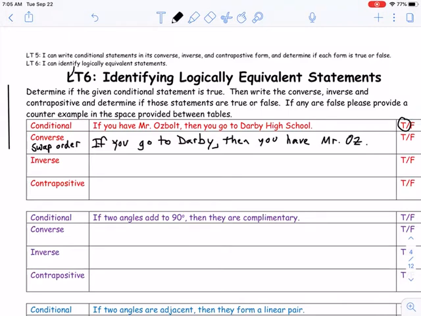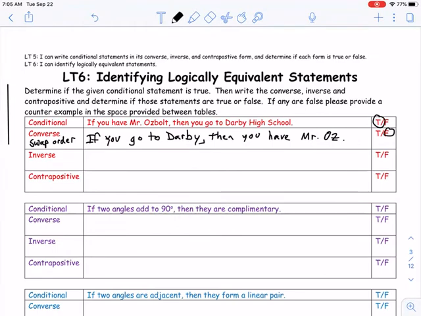Alright, that is unfortunately a false statement. I would love to teach every person that attends Darby High School, but I don't. You might have friends that took a different math class and they don't have me. But if you go to Darby, then you have Mr. Oswald is a false statement. I do not teach every student.